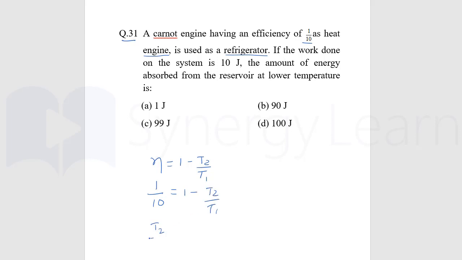So from here T2 by T1 will be equal to 9/10. Now in case of refrigerator, the coefficient of performance is heat rejected by work done, which in case of Carnot refrigerator is T2 divided by T1 minus T2, where T2 is the lower temperature.